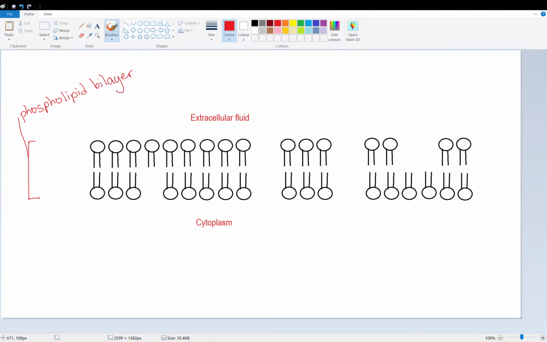And that consists of our hydrophilic phosphate heads, and our hydrophobic phosphate tails. Oh, sorry, hydrophobic hydrocarbon tails.